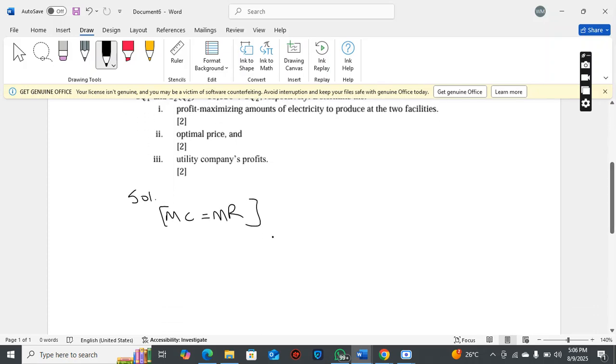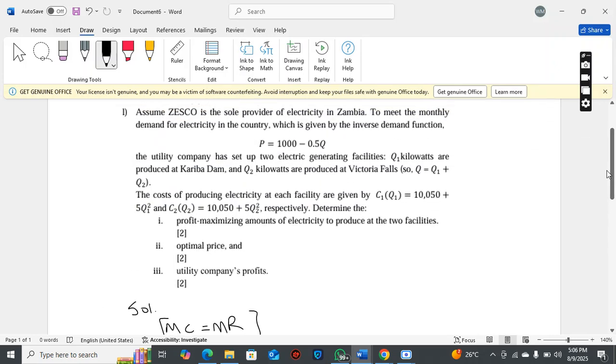First, we need to set up our total revenue function. So total revenue TR equals price times quantity. Now here, notice we've got two quantities for two different places, and two costs for two different places.